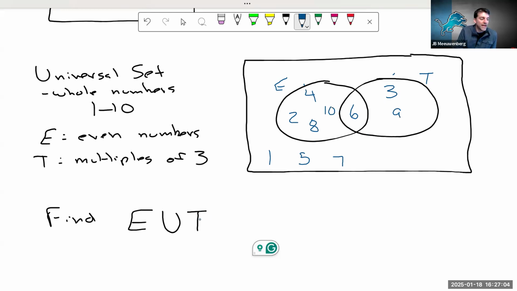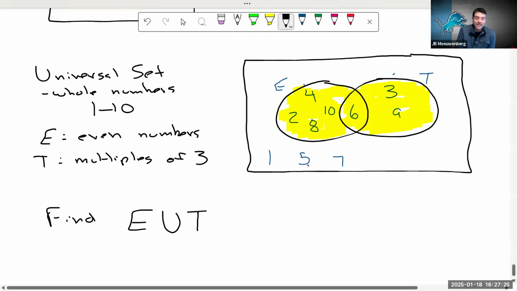So when we are finding a union, again, it's not just where they intersect, it's everything included in both sets. So we're really shading, if we're going to shade, everything in E and everything in T.